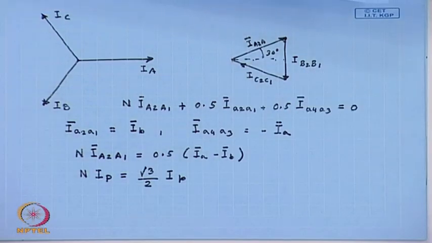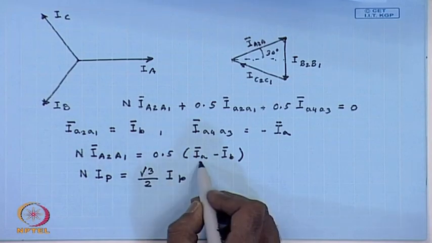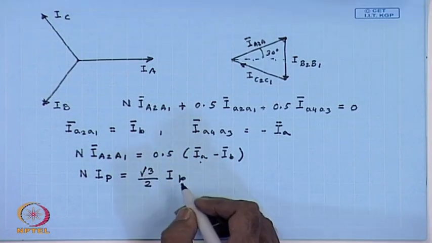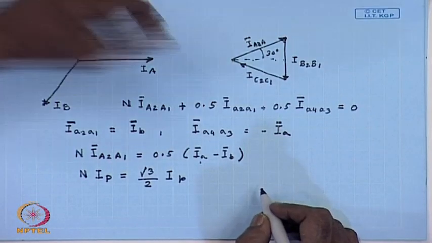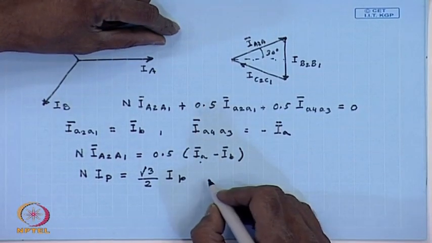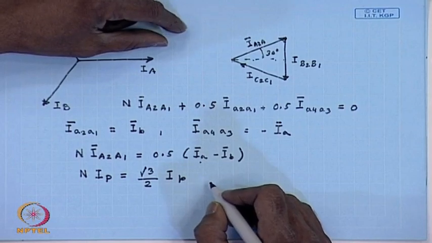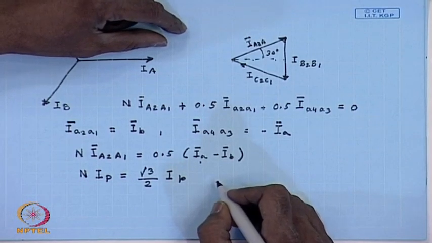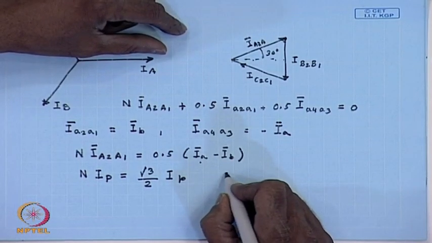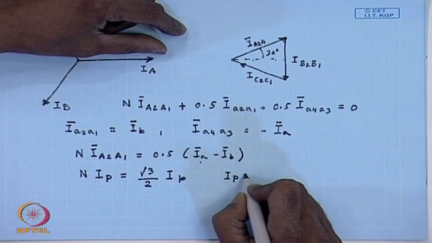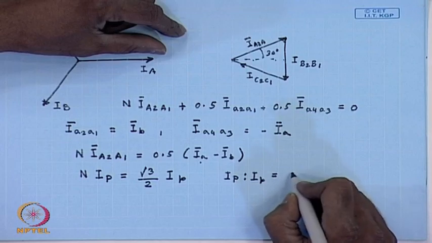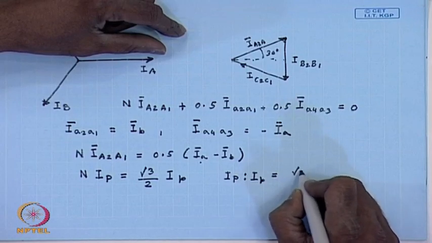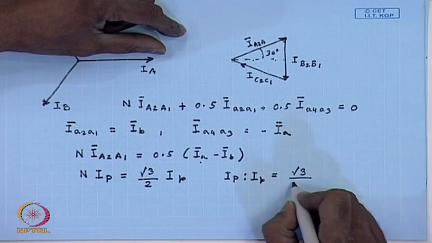So, I_A minus I_B is root 3 times the phase current. Hence, we have I_P to i_p equal to root 3 by 2n.